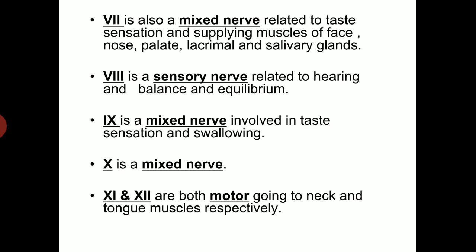Again, it is a mixed nerve involved in taste sensation and swallowing. 10th, which is known as vagus, again is a mixed nerve. It supplies the heart, bronchi. Then 11th is known as spinal accessory, and 12th hypoglossal nerve. Both 11th and 12th are motor and go to neck and tongue muscles respectively.